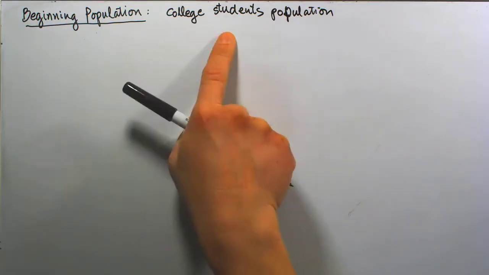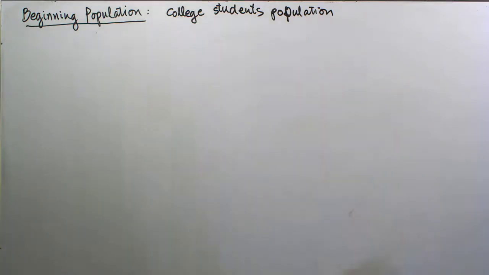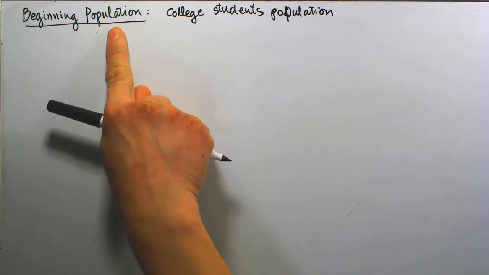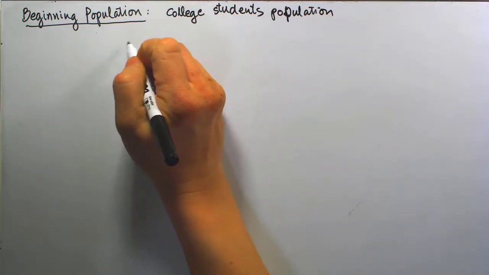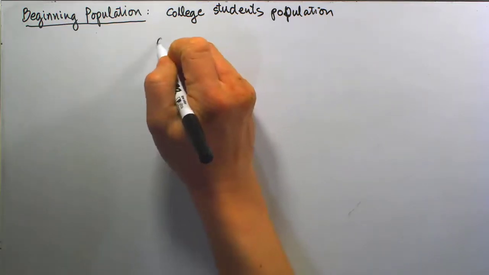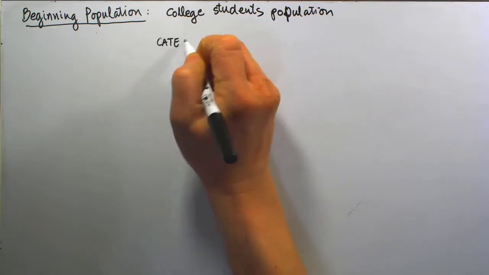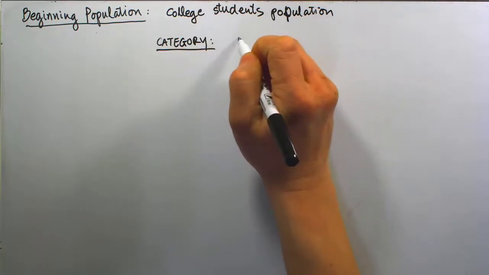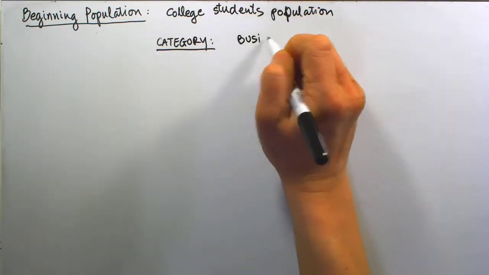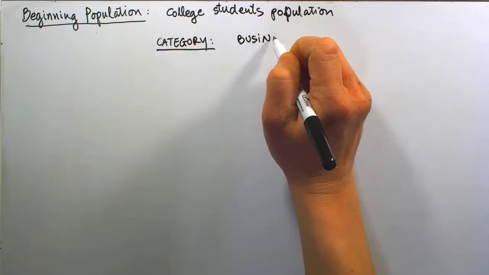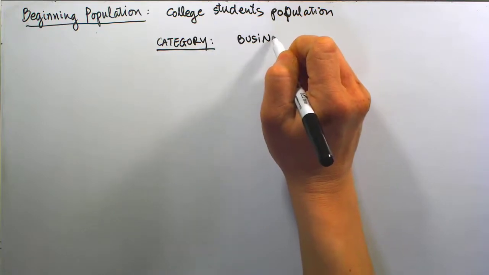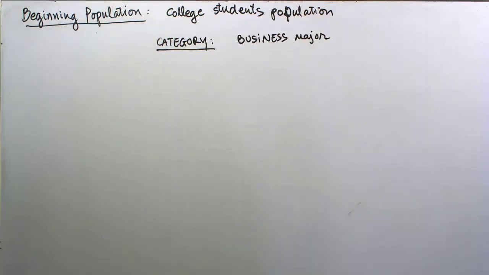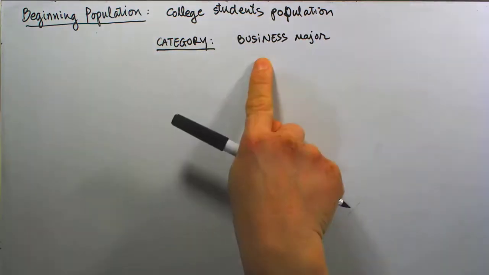So from this beginning population, we are studying a category, and that category is the business major.